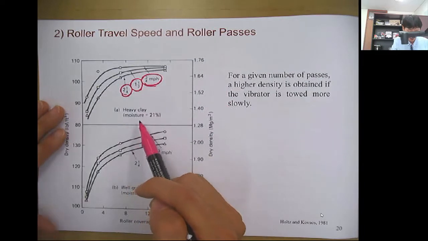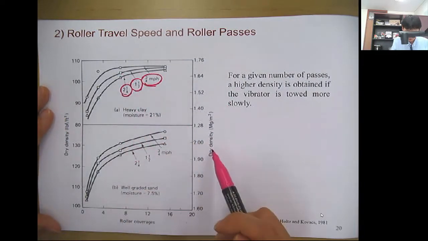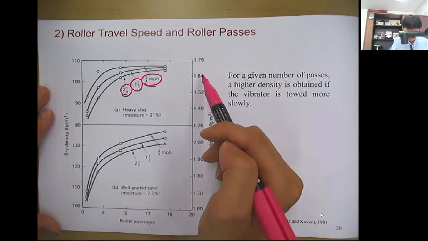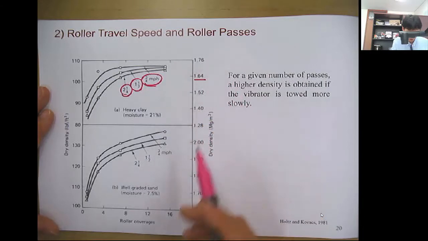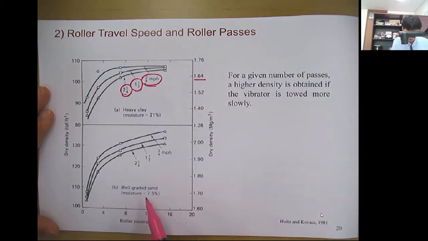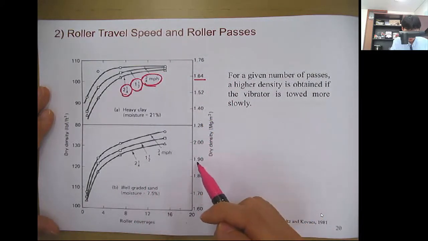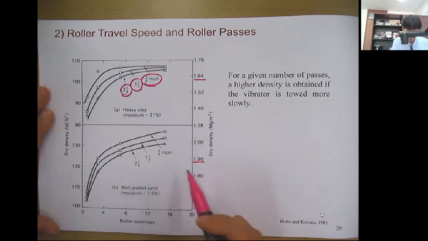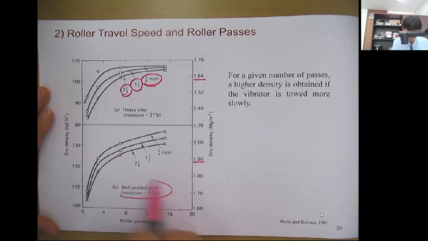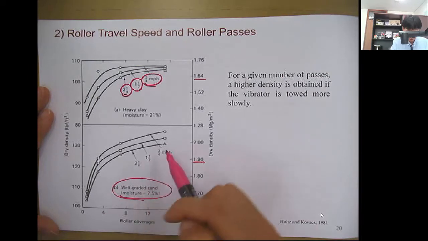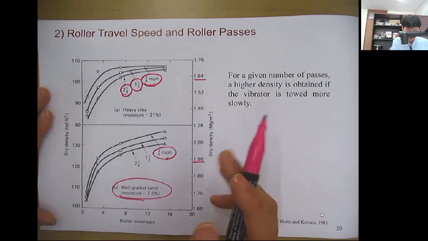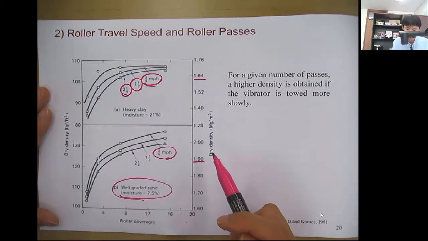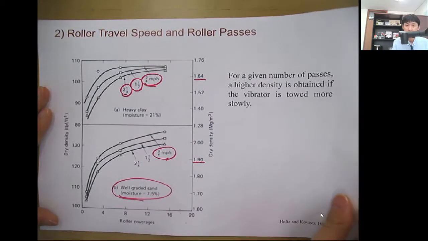For heavy clay, the dry density is about here, 1.64, right? 1.6, 1.7, and the well-graded sand is more than 1.9. And also here in the sand, as you decrease the speed of the tow, it increases the dry density.